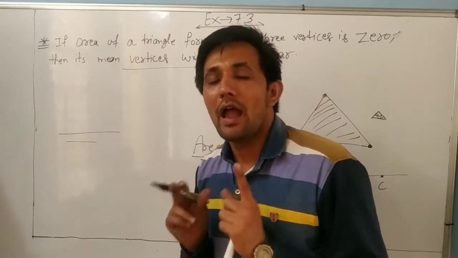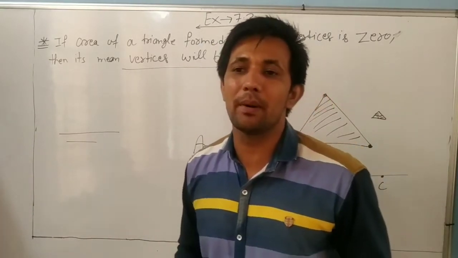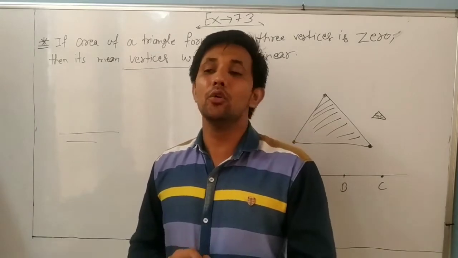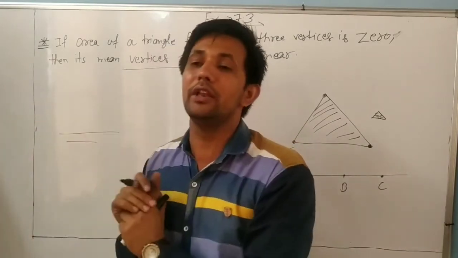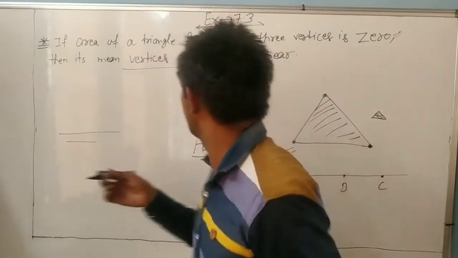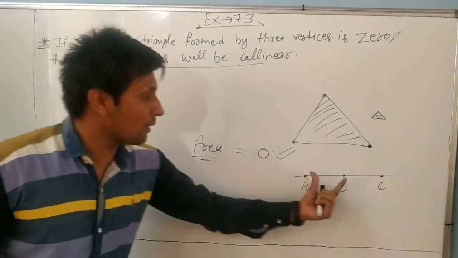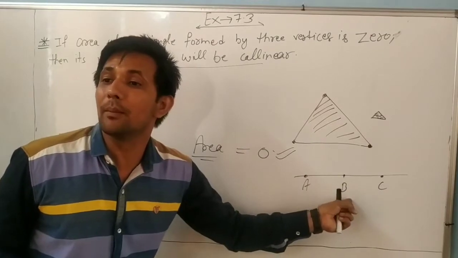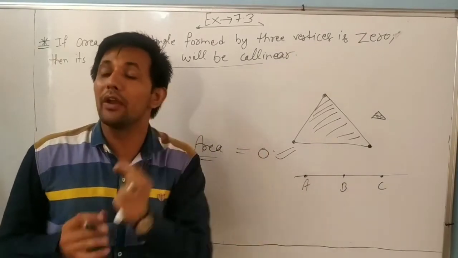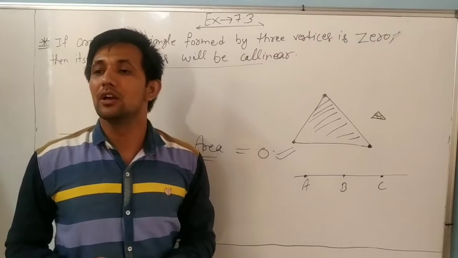In every question you have to remember, if the examiner tells you the points are collinear, what is the meaning of collinear? Collinear means the area of the triangle formed by these 3 points becomes 0.